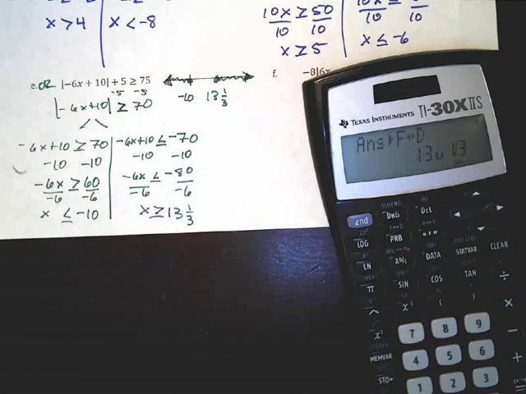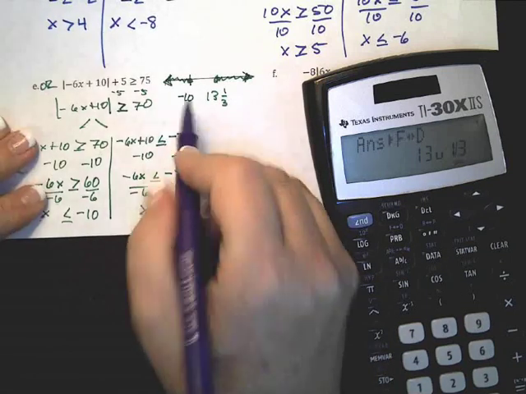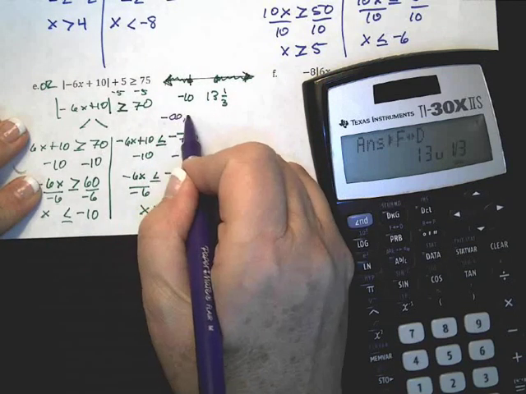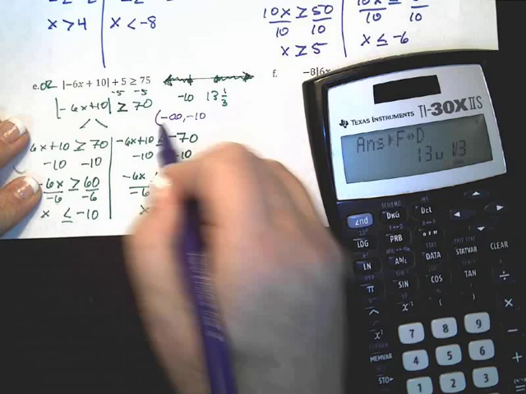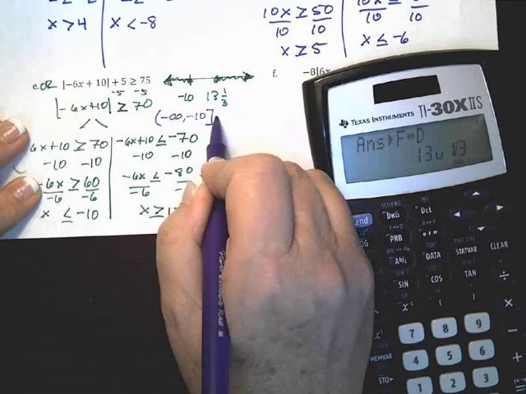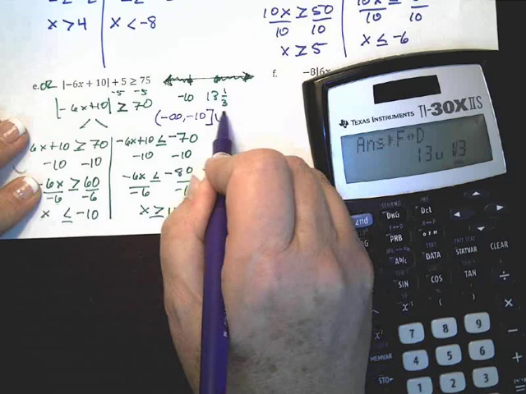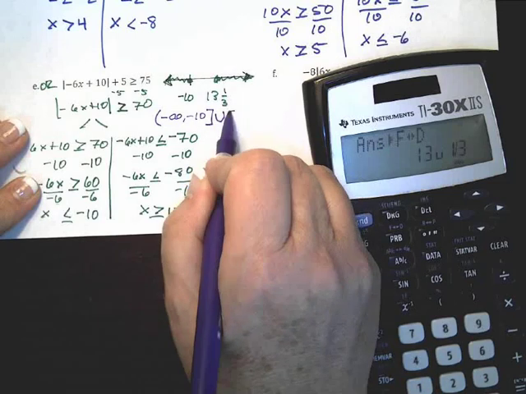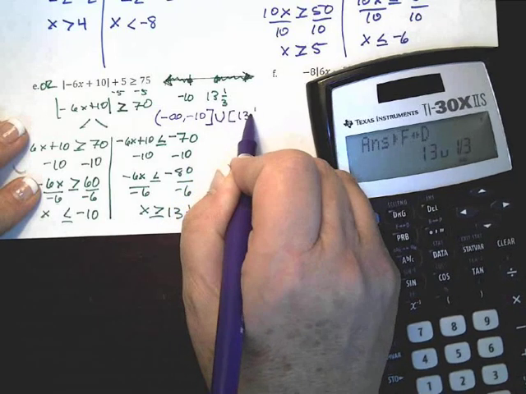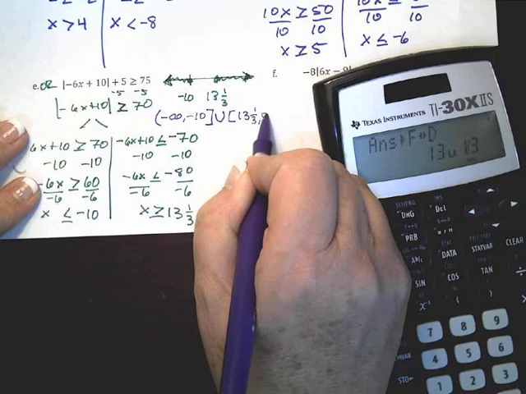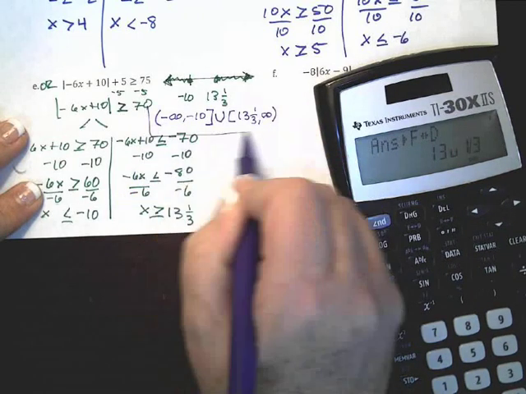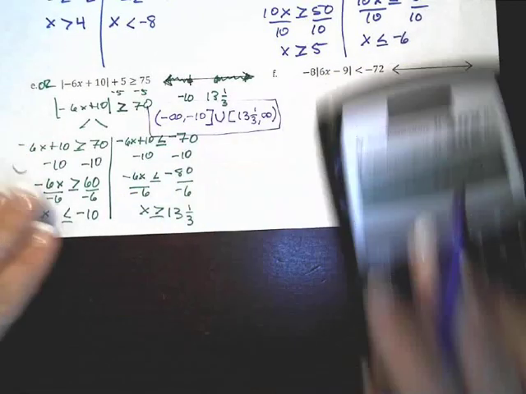And then the last thing we need to do is write our interval. So from negative infinity to negative 10, a bracket next to the negative 10, the union symbol, bracket 13 1/3, comma, infinity, with a parenthesis next to that infinity.